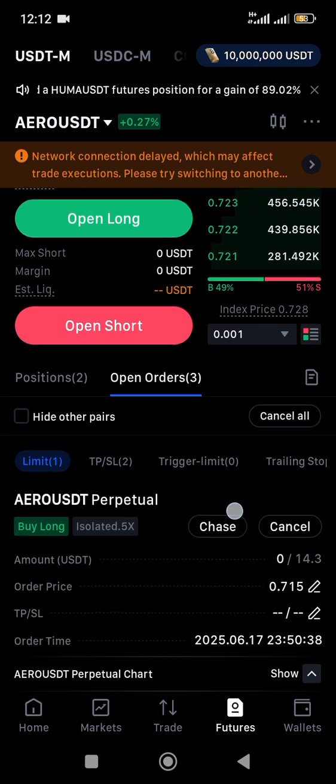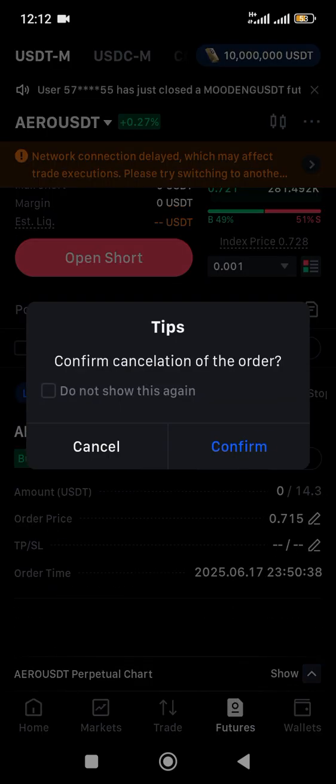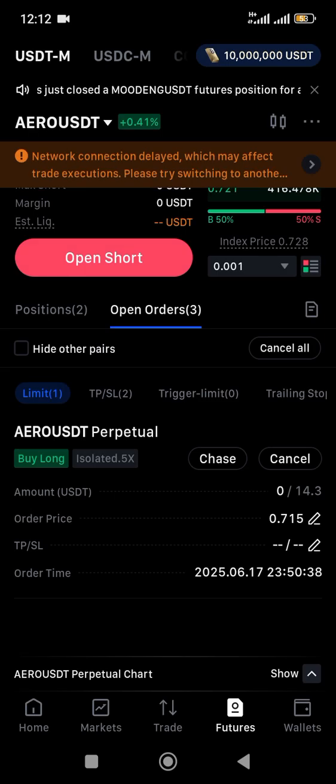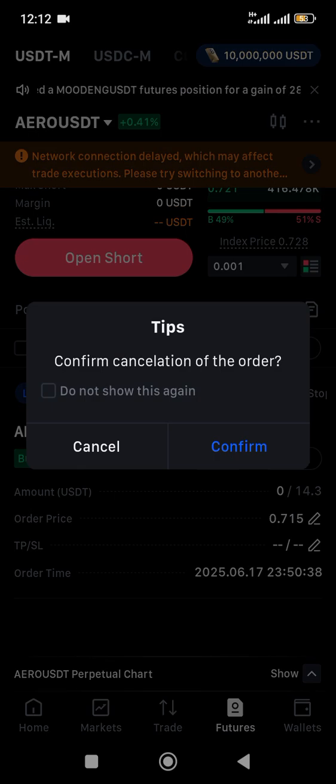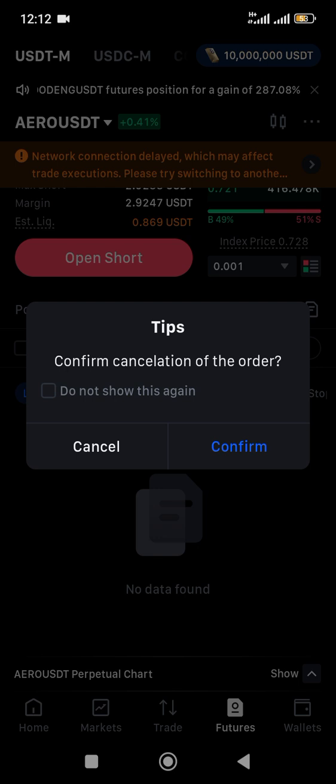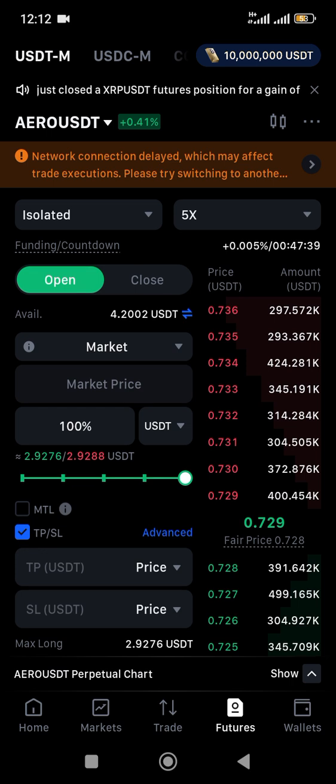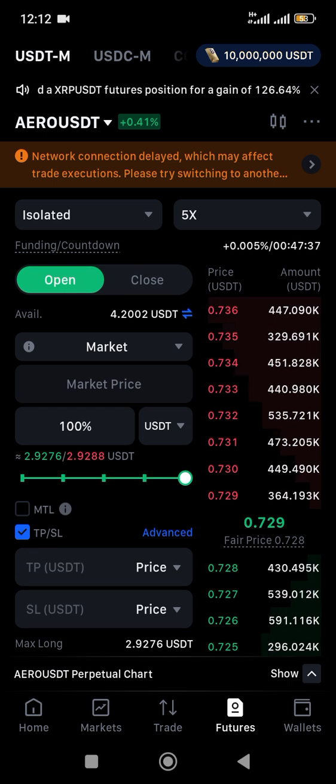Let's see. Cancel this order. I already have an open order on that particular token, so I've cancelled the order so that I'll be able to place this order.